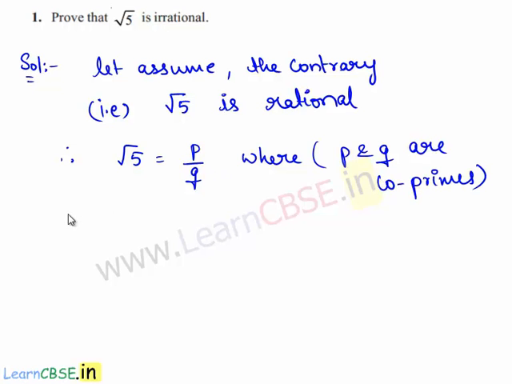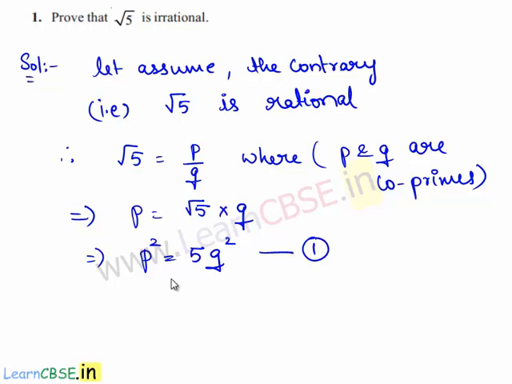From this expression, we have p is equal to root 5 times q. Now squaring on both sides, we have p square is equal to 5q square. Let this be equation 1. Since 5 divides p square, 5 also divides p. Therefore, 5 is a factor of p.